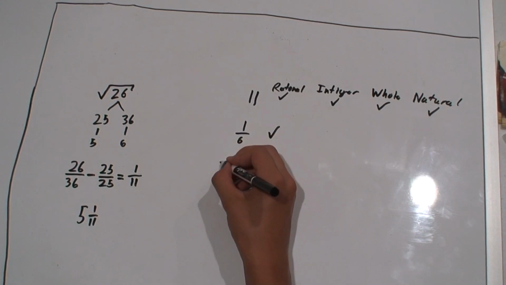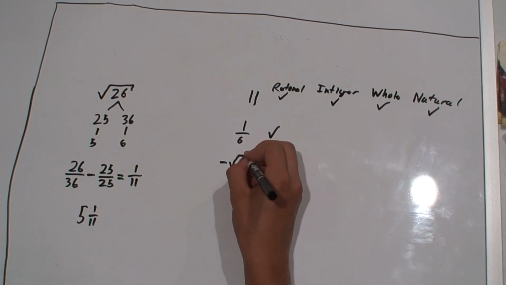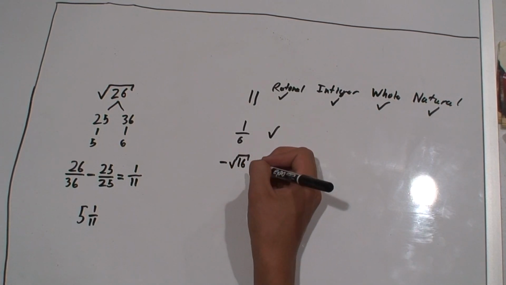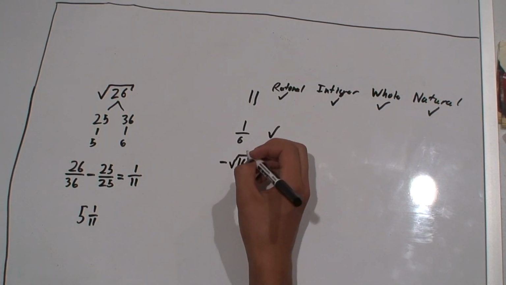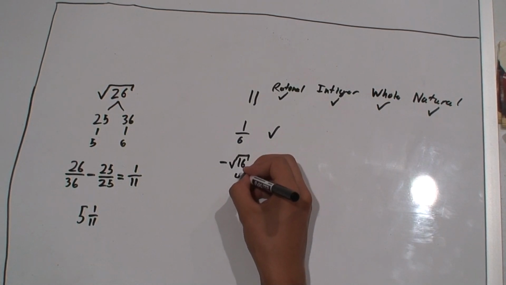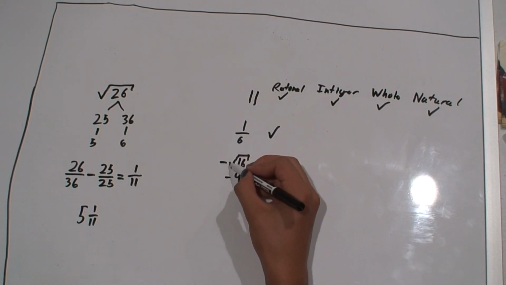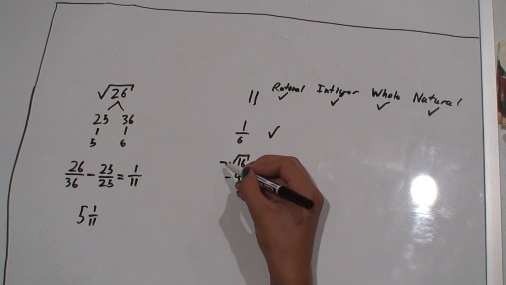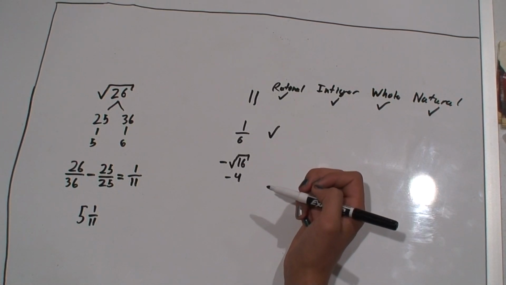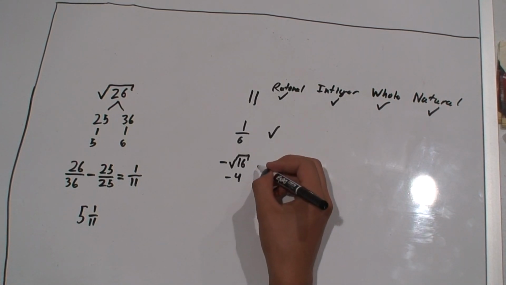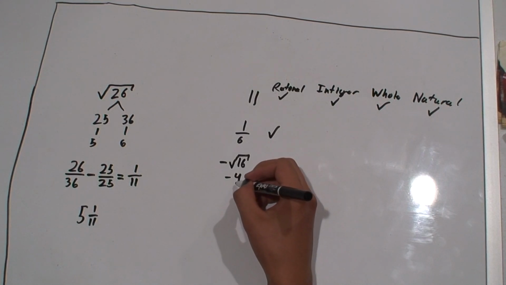And we have this one, the negative square root of 16. Now this one, if we simplify it, we can say it is negative 4, because the square root of 16 is 4. With the negative on the outside, it is negative 4. Is it a number that can be represented as a fraction?